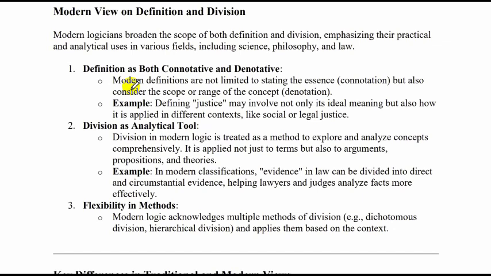Division as analytical tool. Division in modern logic is treated as a method to explore and analyze concepts comprehensively. It is applied not just to terms but also to arguments, propositions, and theories.